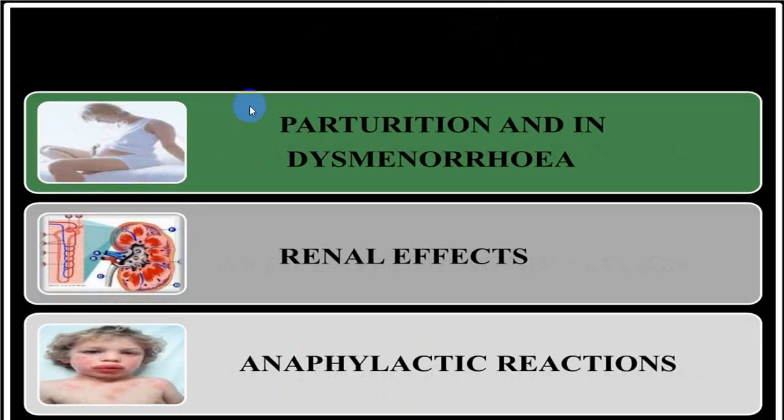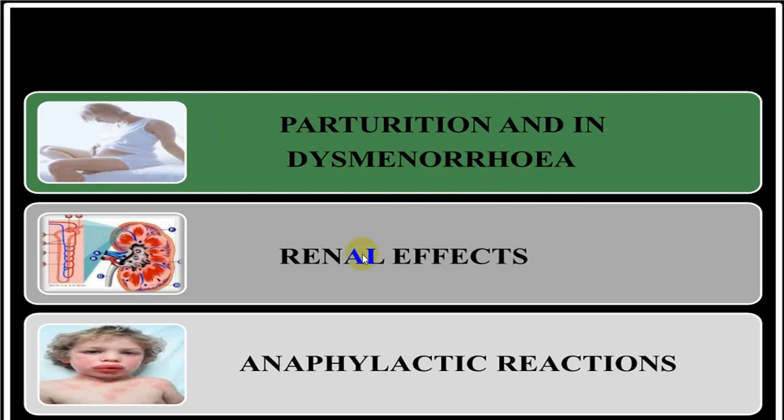Yes, when they are given to a pregnant lady for analgesic purpose, they may induce labor and can also produce menorrhagia, dysmenorrhagia. So they should not be utilized, but sometimes they are also used for induction of labor, but it has to be with caution.